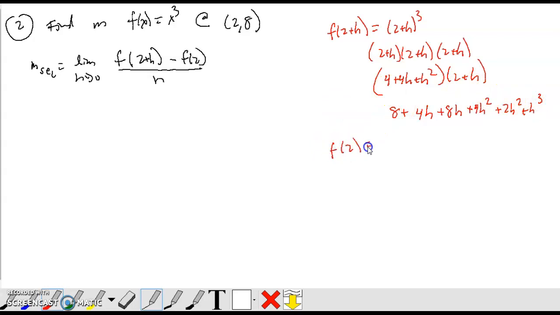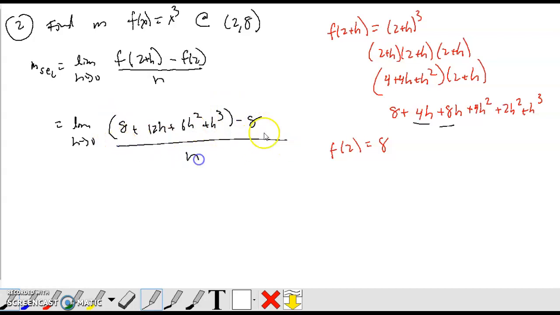And then f of 2, we already know, is 8. So that's easy. All right, so limit as h approaches 0 of, so this will just be 8, combine my values, so these and these, so 12h, and then plus 4 and 2, so 6h squared plus h cubed, again minus 8 all over h. Are you noticing that whatever's in the second part is going to go away from the first part?